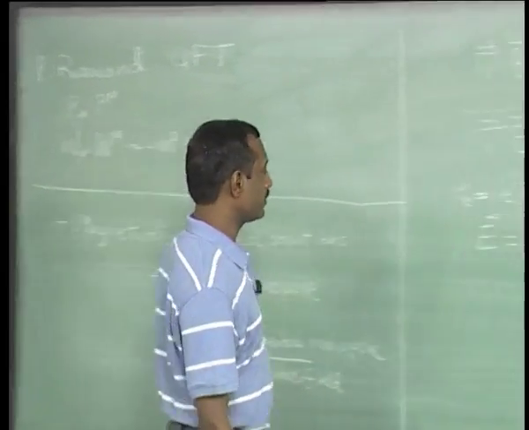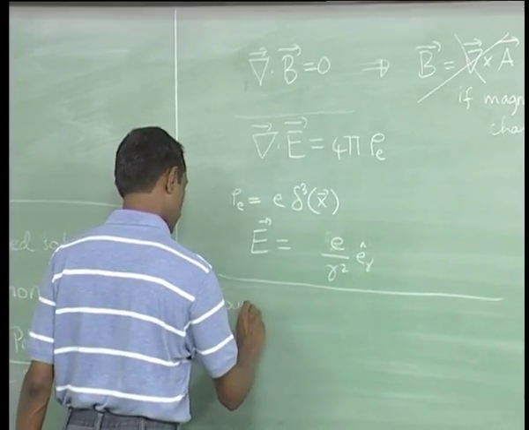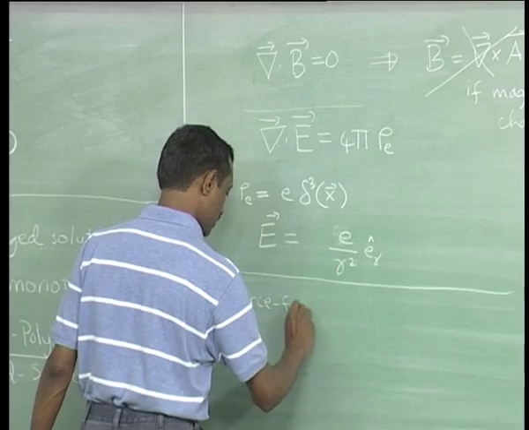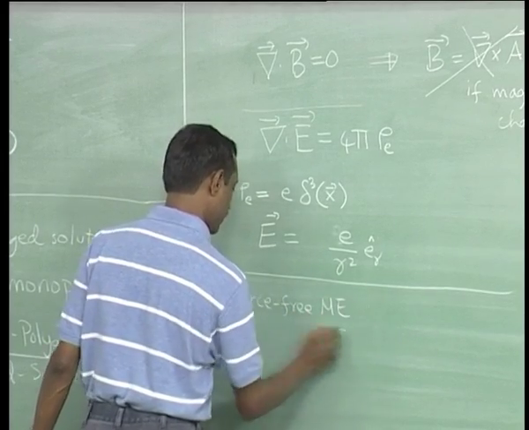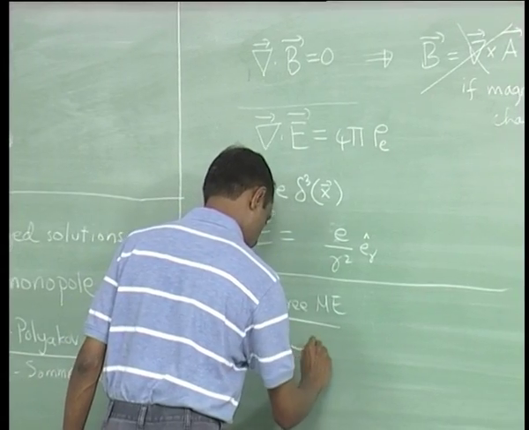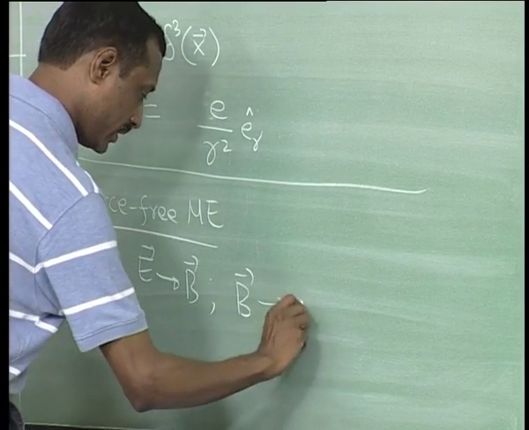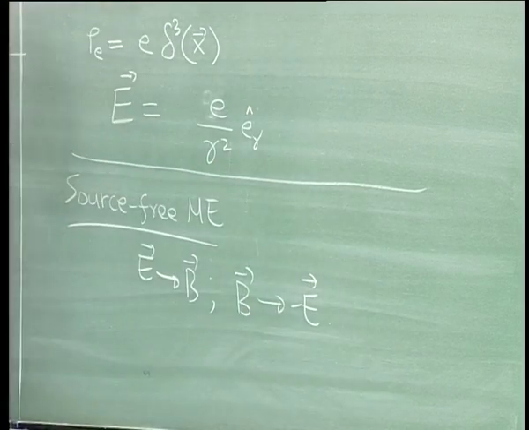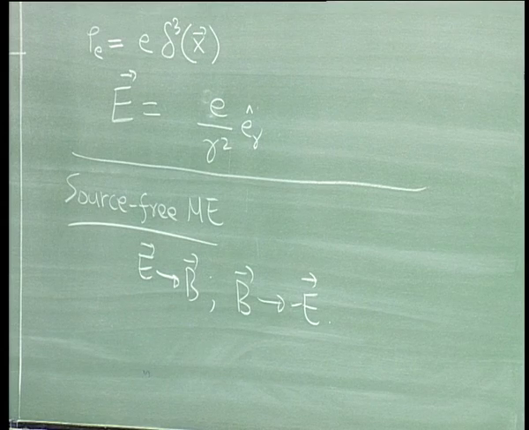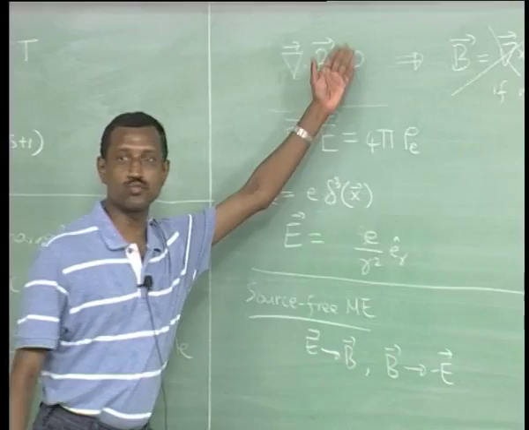One more point is that the source free Maxwell's equations admit a nice symmetry, which is E goes to B and B goes to minus E. The presence of sources is what messes it up.